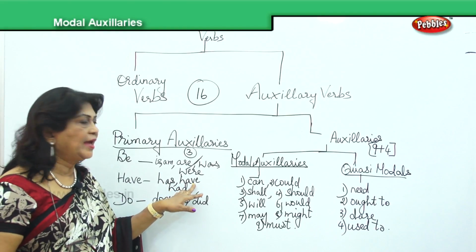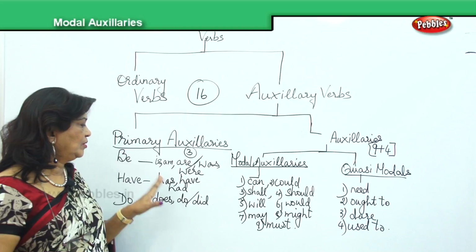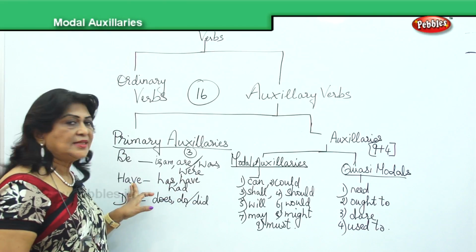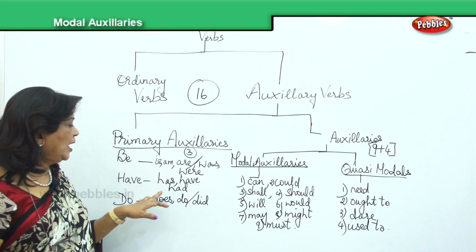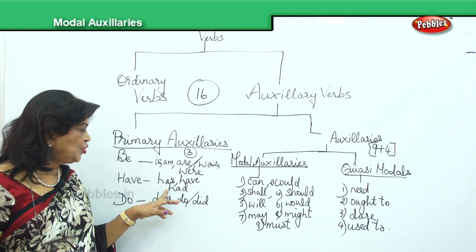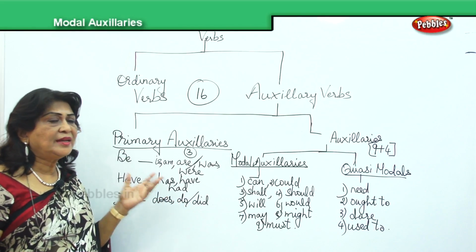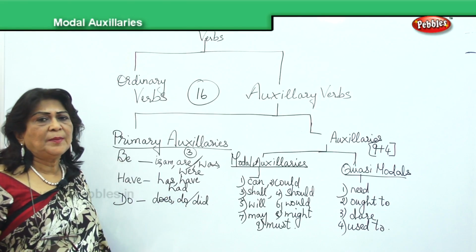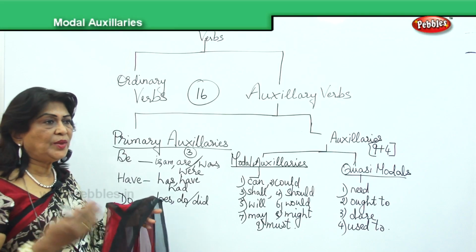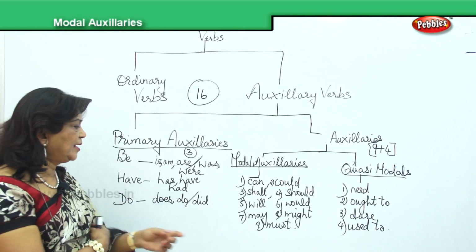You have, they have, we have. And the past perfect tense is had, H-A-D. For all the persons, it is had. I had, you had, we had, they had, he had.